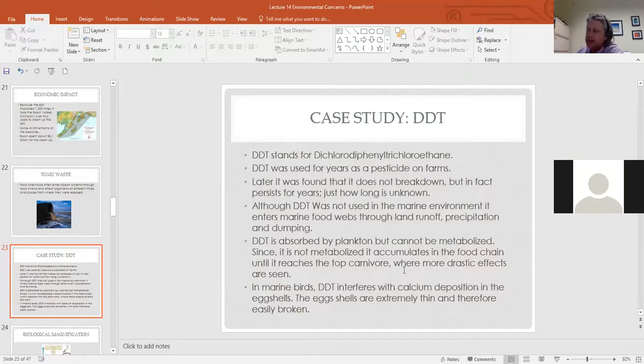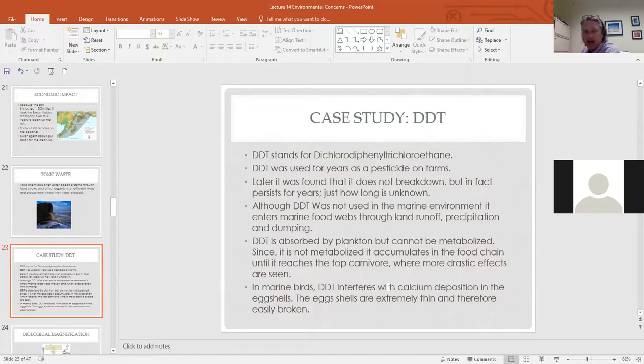It's absorbed by plankton. It has a long half-life. So the plankton build it up, does not get metabolized. Then the organism that eats the plankton may have 1,000 plankton, so it gets 1,000 microdoses. And that's called magnification. So now your next step up the food chain has more poison concentrated in it.